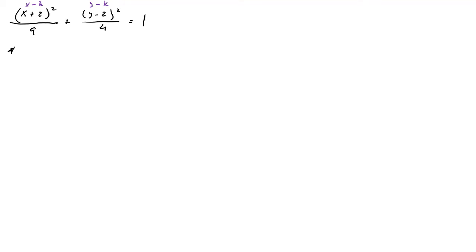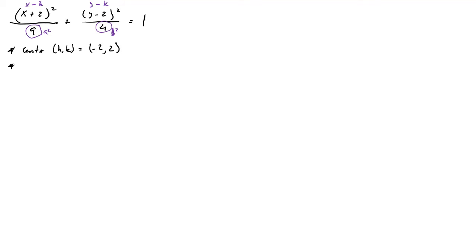So we know that the center, which is h and k, is going to be -2 and 2 here. Notice also that the denominator of the x squared term is the bigger one, which means this here is our a squared and this is our b squared.